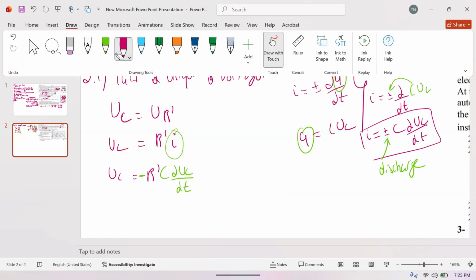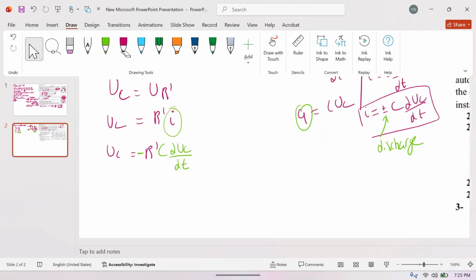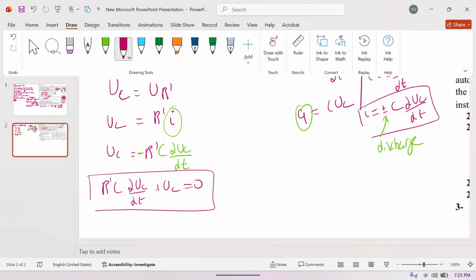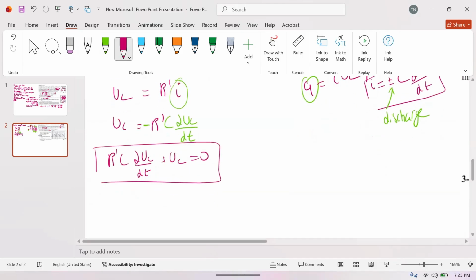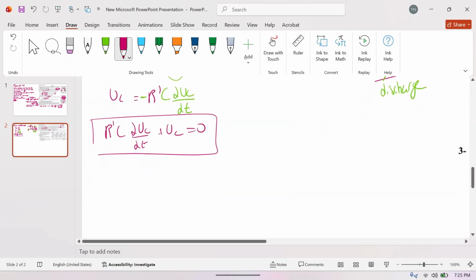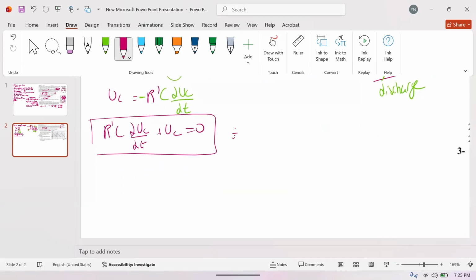Okay? Now, you have to solve in a way so you can get at the end that R prime C dUC over dt plus UC is equal to 0. If you don't get that at the end, or if you don't have all of the positive signs, then you messed up somewhere. Okay, now one more step you can do is you divide the whole thing by the coefficient of dUC over dt, I mean what's next to dUC over dt.